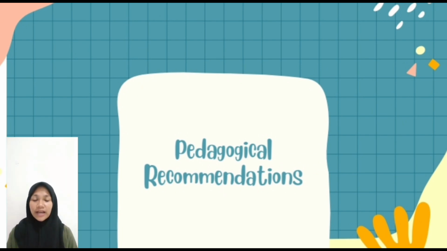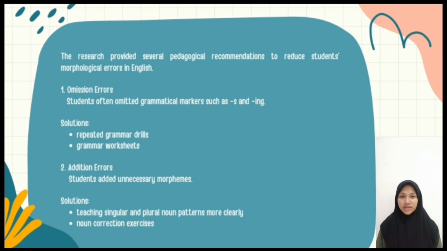In this section, I will explain the pedagogical recommendations from the research. There are 4 recommendations that can help reduce students' morphological errors in English. The first one is omission errors. These errors usually happen when students forget to add grammar markers such as s or ing.